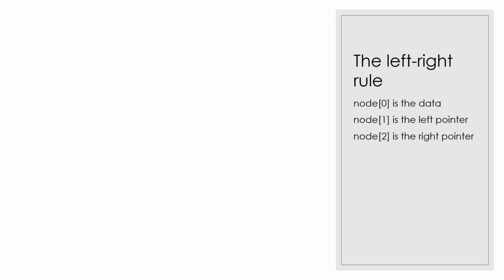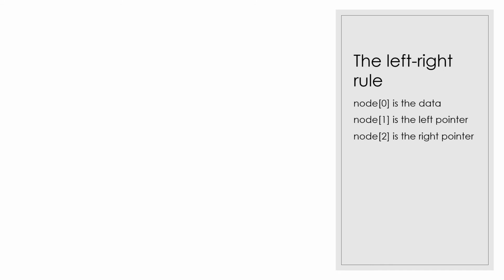So our next step is to follow the left-right rule to find where to add a pointer to the new node. Now remember, we're going to go through the nodes of the array one by one. And at every position, node 0 is the data part of the node.